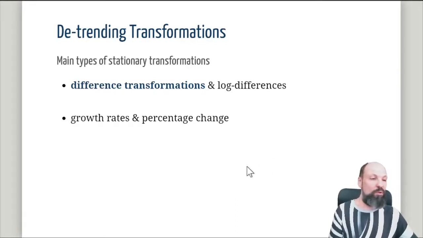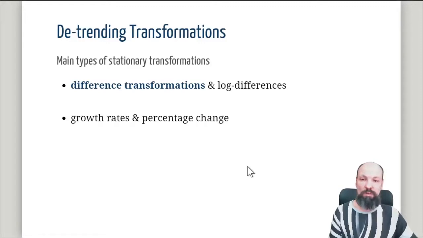So these are the most commonly used types of transformations of this kind. We discussed the growth rates now, or the percentage change. That's the same, pretty much.